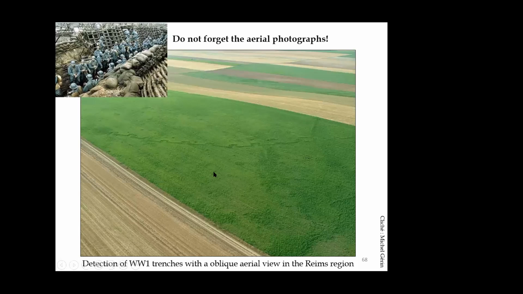Okay, and because we are in Champagne, we have a lot of traces of the First World War, because Reims was just on the front line for 4 years. I already illustrated this with the fort of Nogent-l'Abbesse and the LiDAR, and here it's an aerial photograph. This time it's not from me, but from a colleague from Champagne, Michel Gérin.